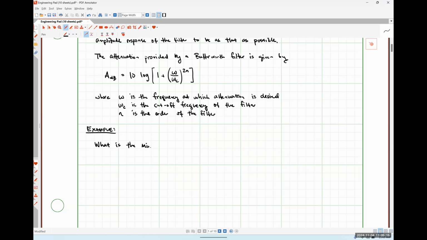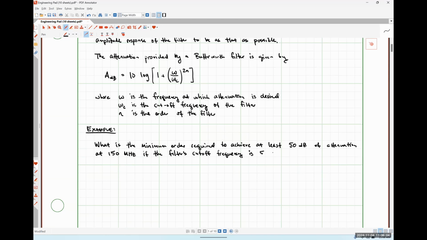What is the minimum order required to achieve at least 50 decibels of attenuation at 150 megahertz if the filter's cutoff frequency is 50 megahertz.